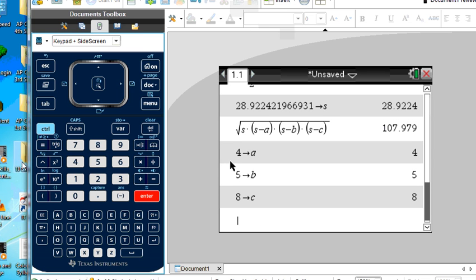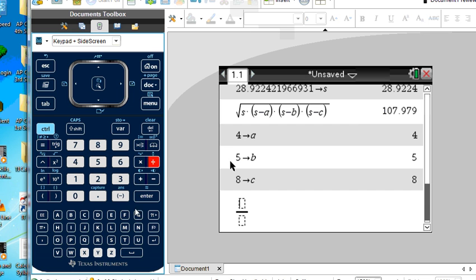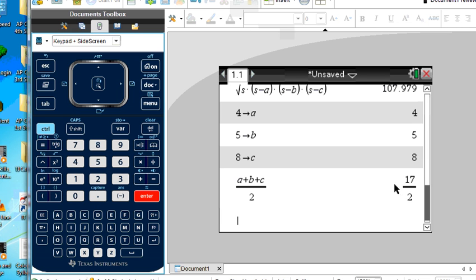And now we'll find our semi-perimeter by taking A plus B plus C all over 2, press enter. We have 17 over 2, and we're going to go control vars for storage. We're going to call that S.